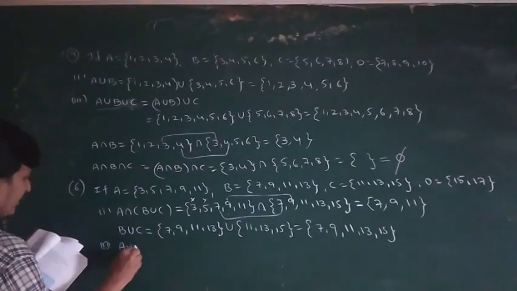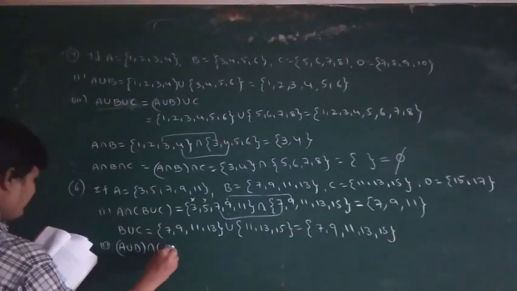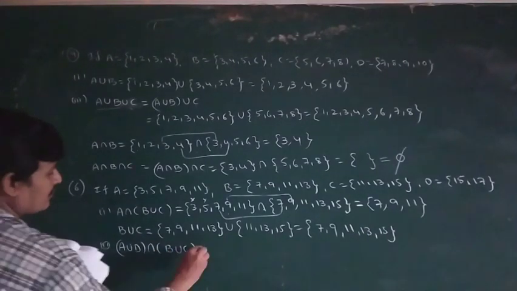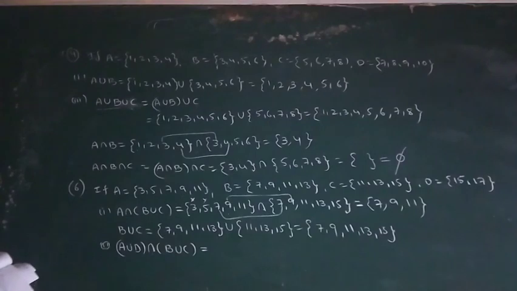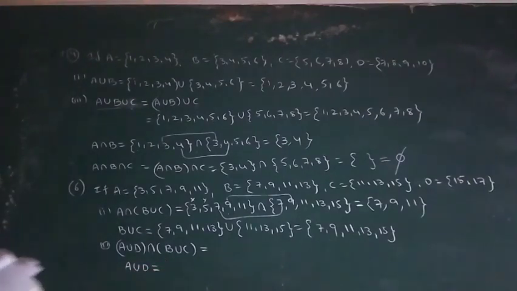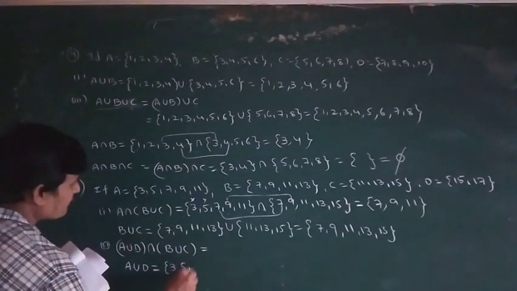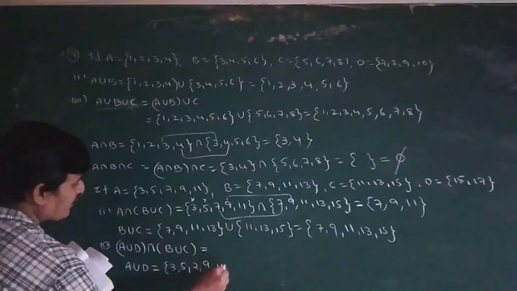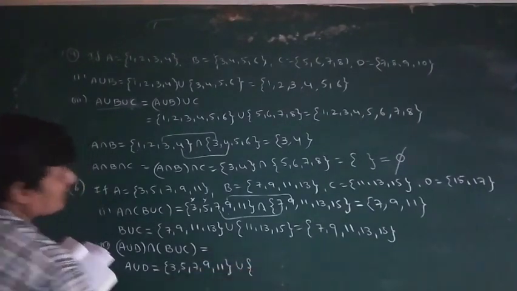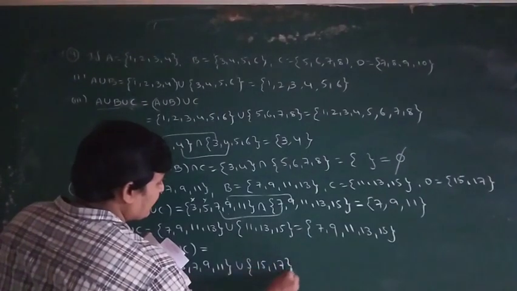A union D intersection B union C. First we have to find A union D. What is A? 3, 5, 7, 9, 11 union D. D is equal to 15, 17.